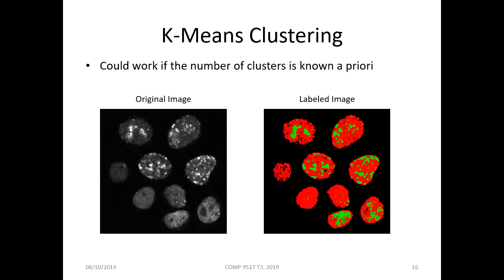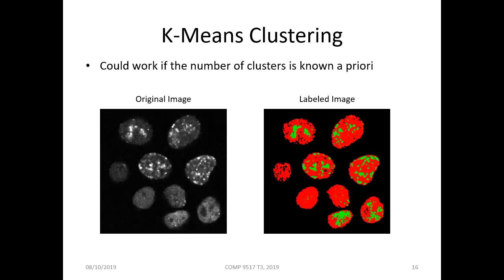But if you know that there are more than two types of objects in the images, then you either need to do multi-level thresholding, which I'm going to talk about as well, or you can use these clustering techniques, k-means clustering, for example. And this has been mentioned before, so k-means is simply, k is the number of objects that you expect, and so you define k random intensities as the cluster centers in the histogram.